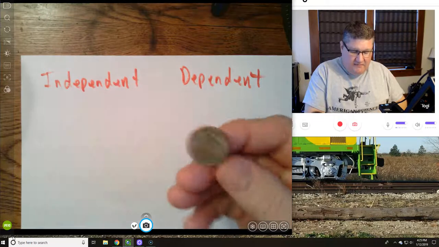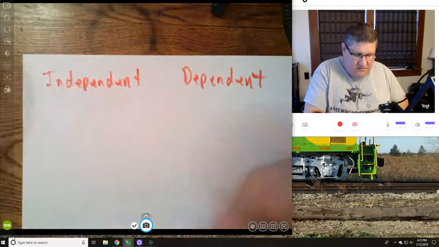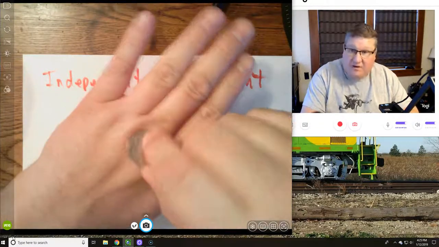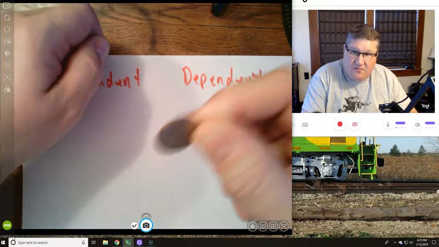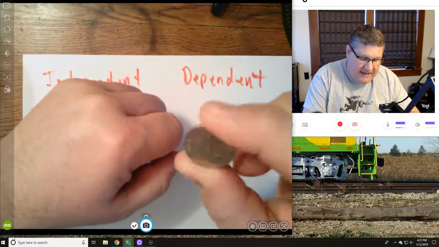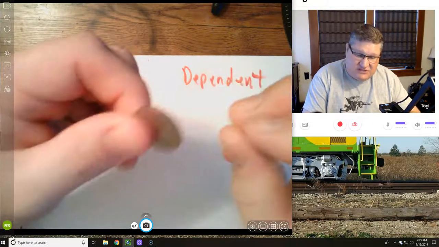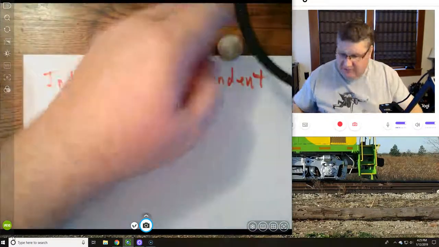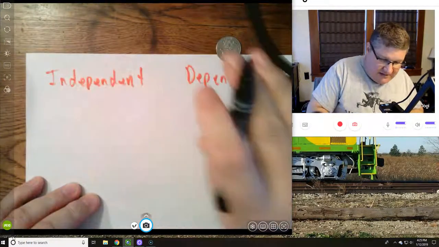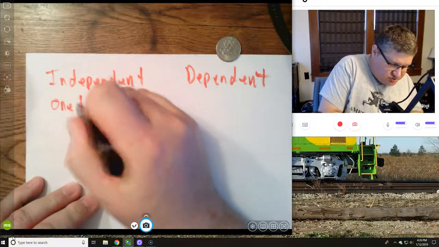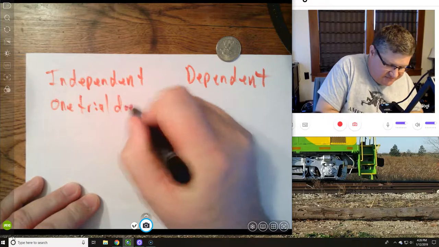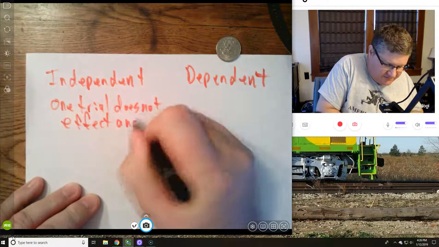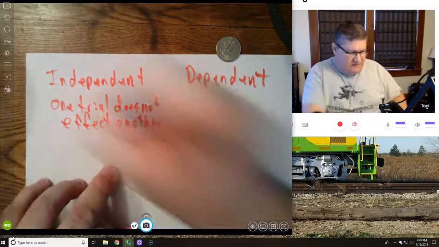If I do it again, that is totally independent, because when I picked this coin up, I picked up both the head and the tail, so both options are back in, and the probability of which one doesn't change at all. So I could flip this 1 time, 10 times, whatever it is, and it's always going to be independent, where one trial does not affect another.